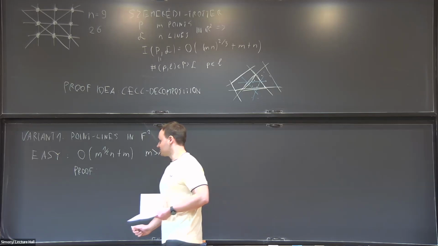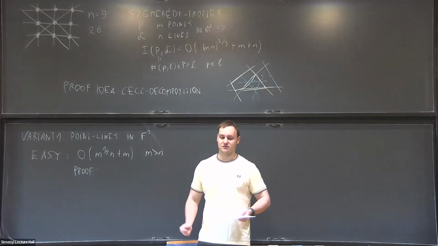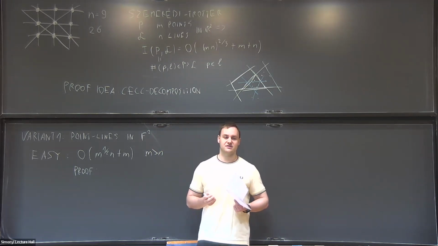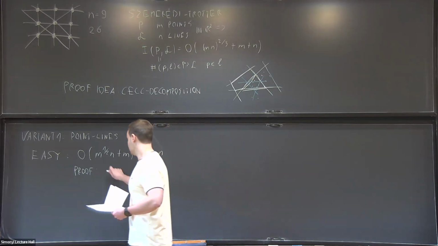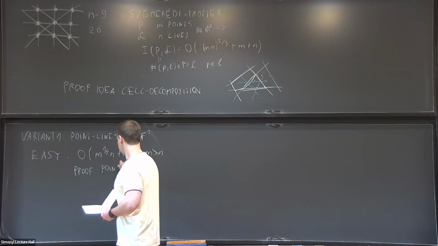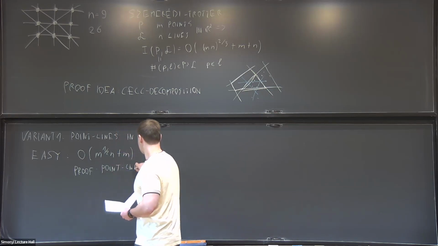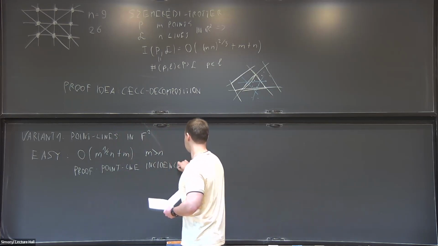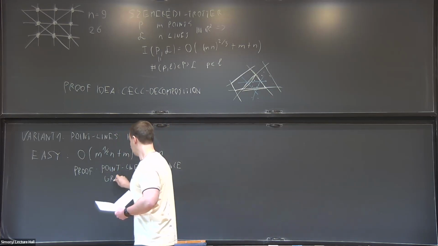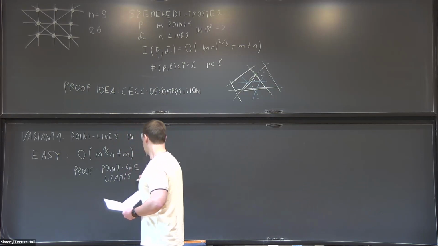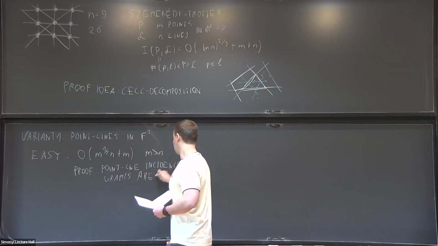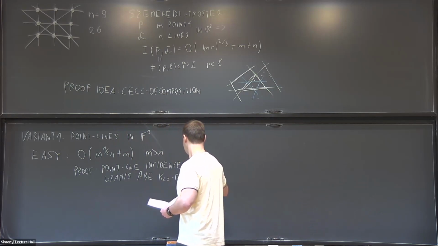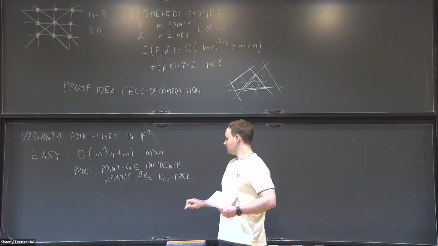The main observation to get this bound is just to see that the point-line incidence graphs cannot contain K_{2,2}. The point-line incidence graphs are K_{2,2}-free.